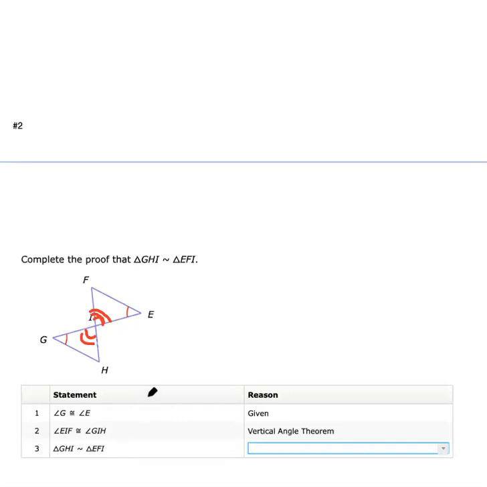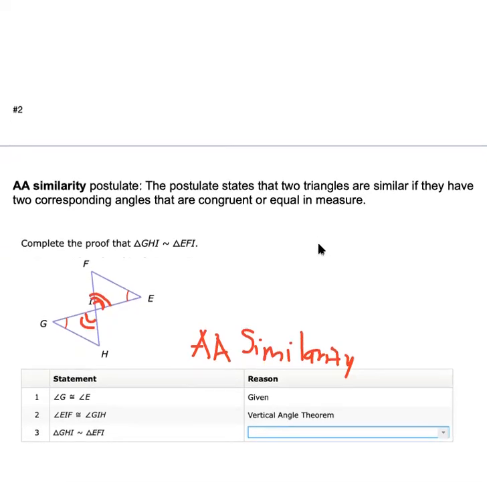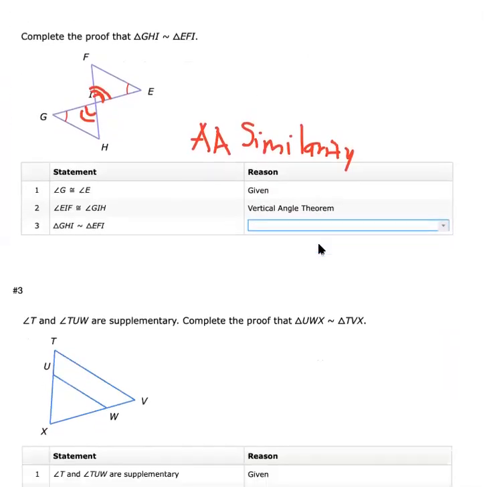And then this one is going to be angle similarity. Okay, so the similarity postulate states that two triangles are similar if they have two corresponding angles that are congruent or equal in measure.